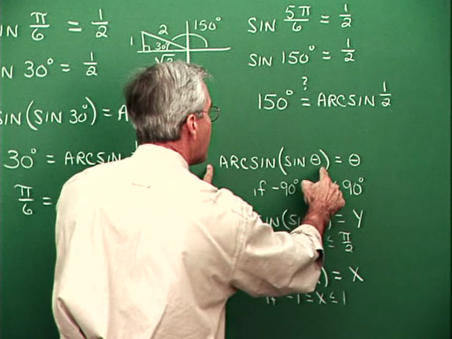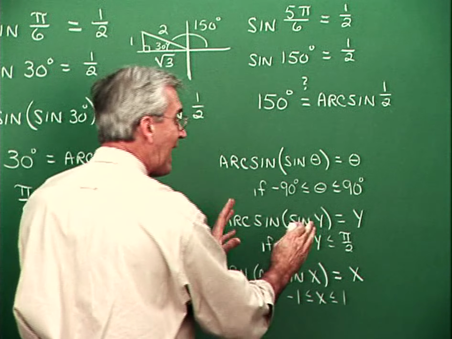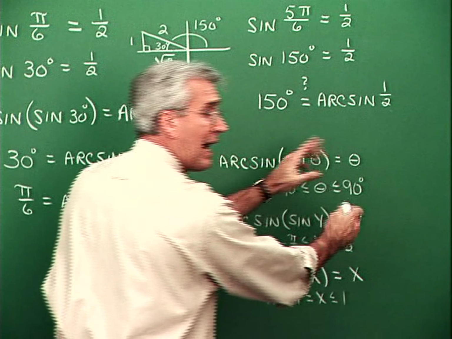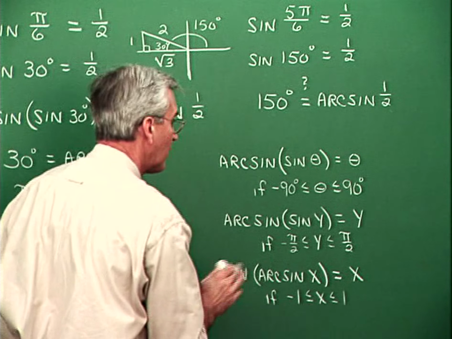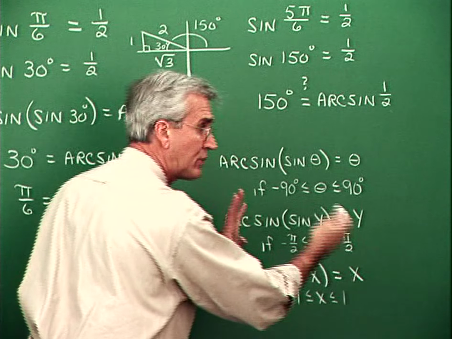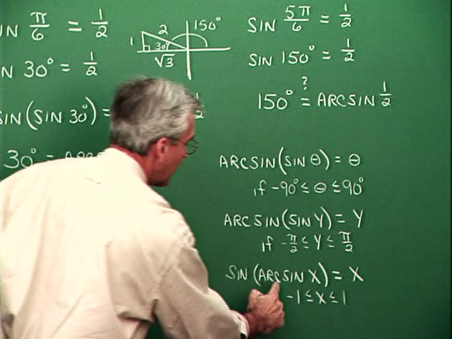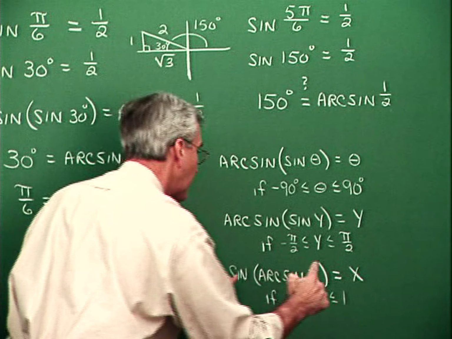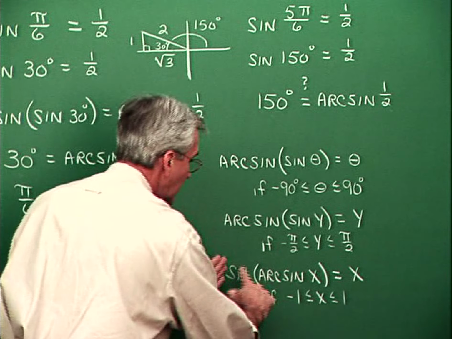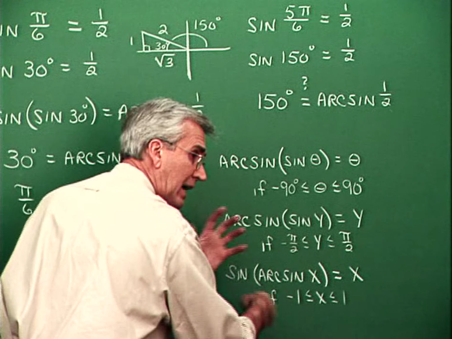Arc sine of sine theta is theta, or arc sine of sine y is y, provided the theta or the y falls within that interval of negative pi over 2 to pi over 2, or negative 90 degrees to 90 degrees. And in a similar way, if we have arc sine x, and we take the sine of arc sine x, it's like we're taking a function and its inverse, and they kind of undo one another.